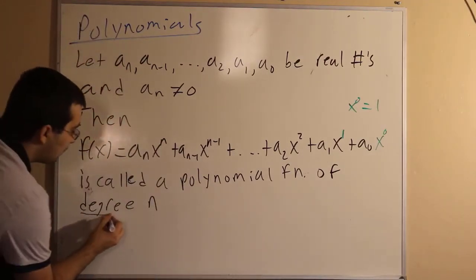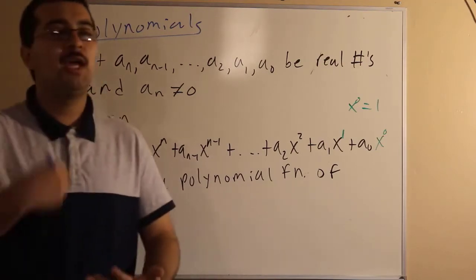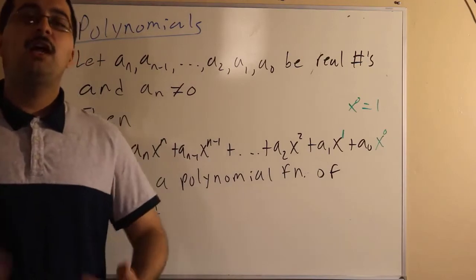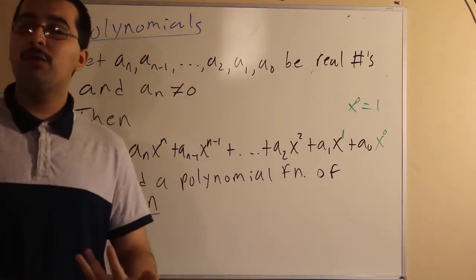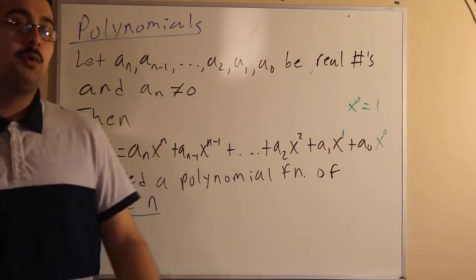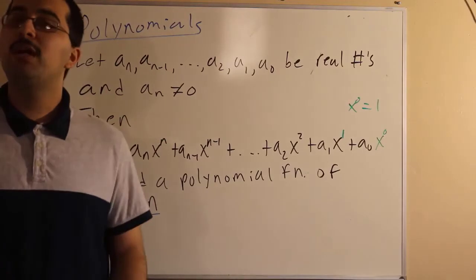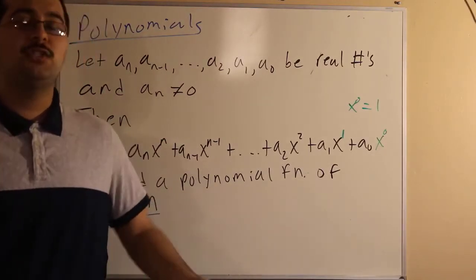And this idea of degree, we've mentioned it before in class, right? When I have a linear function, ax plus b, the degree of that function is 1. Why is that? The highest power for our variable x in ax plus b is 1. For quadratics, ax squared plus bx plus c, the degree is 2 because the highest power on x is 2.